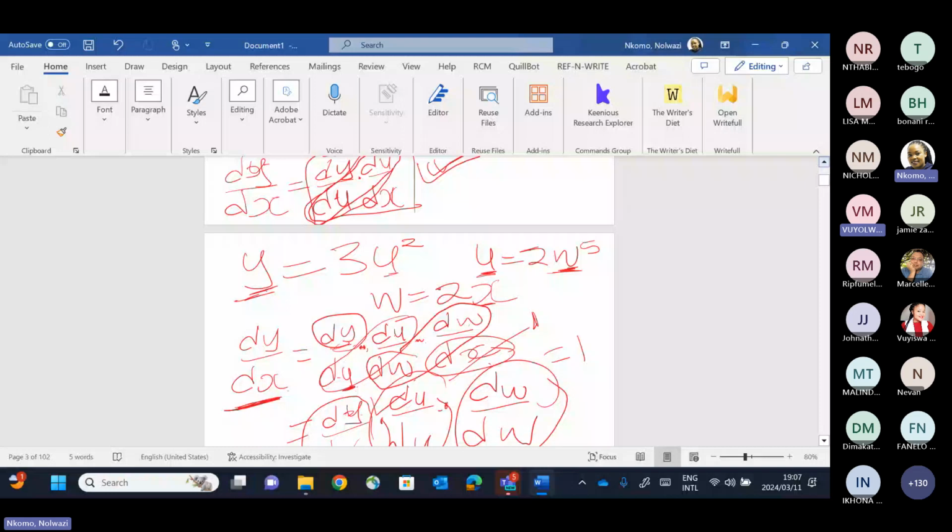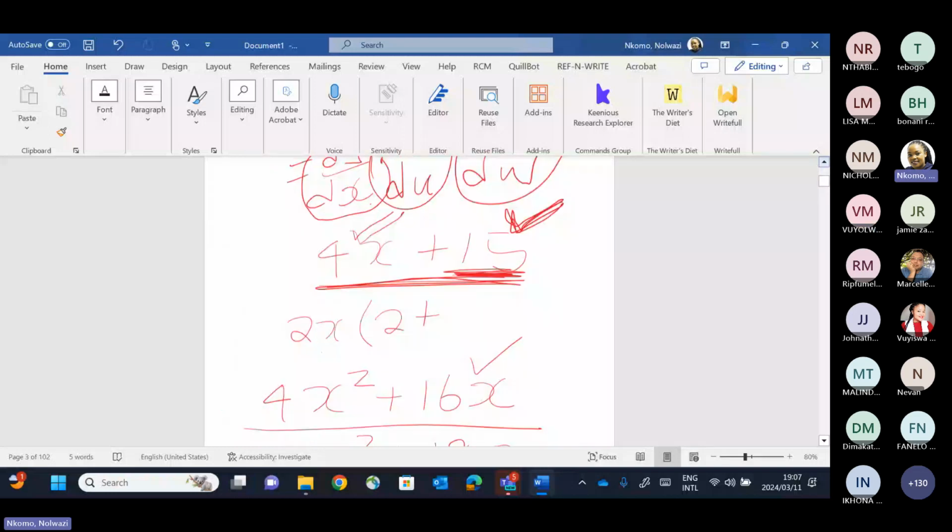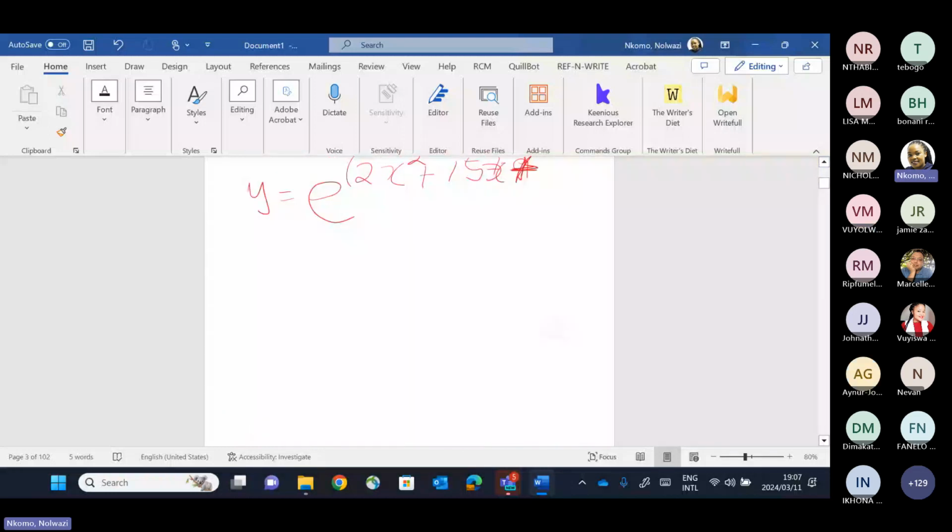Okay, let's start by giving me the original function. y is equal to 3u squared, and then u is equal to 2w to the power of 5, and then w is 2x.